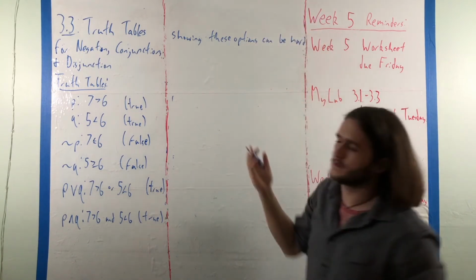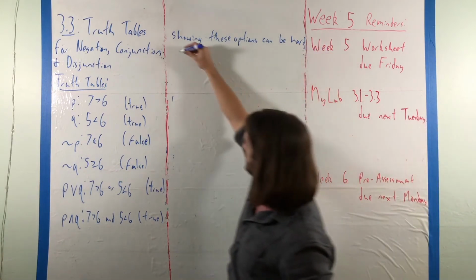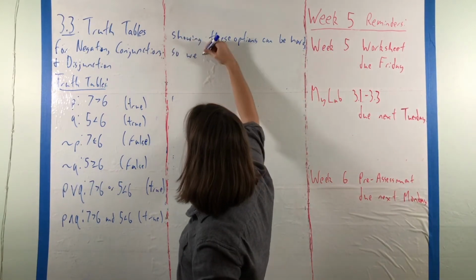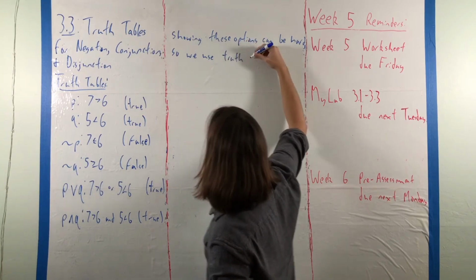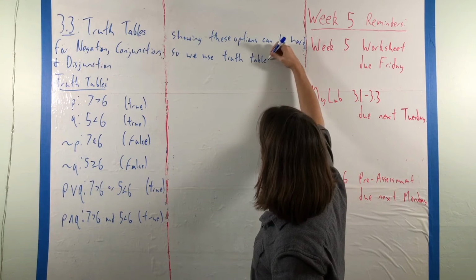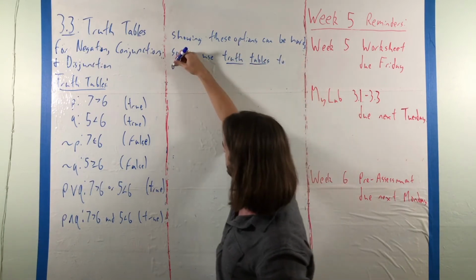It'd be hard to think of all these things, at the very least keep them straight in your head. So we use what are called truth tables to organize them.